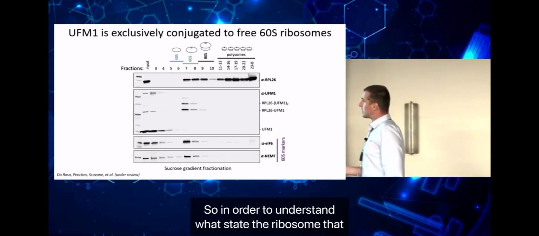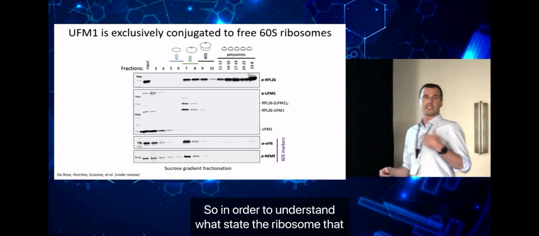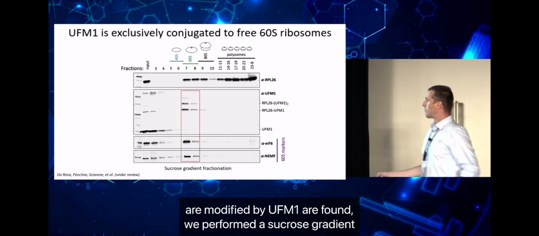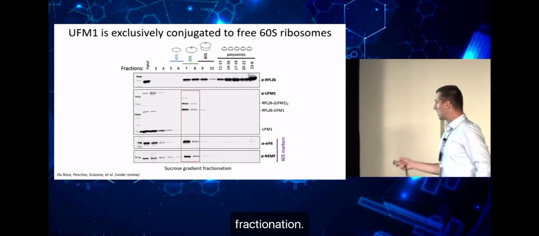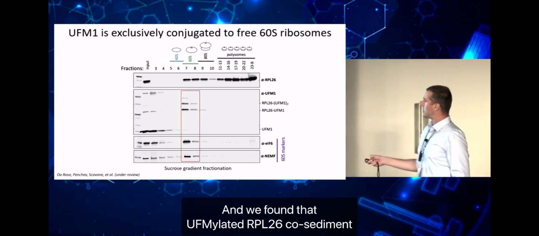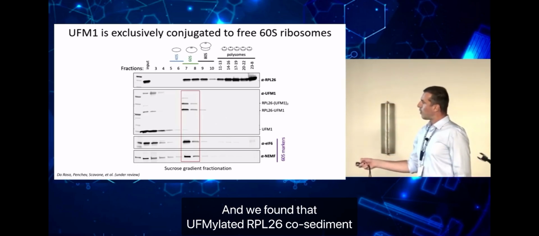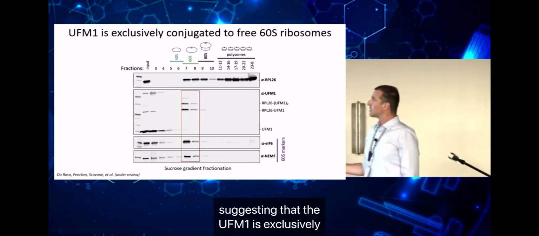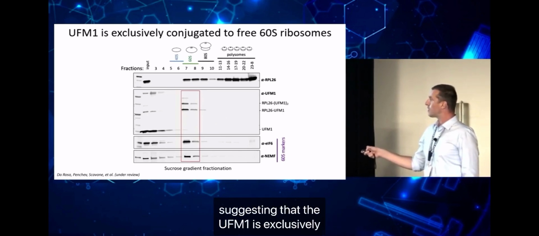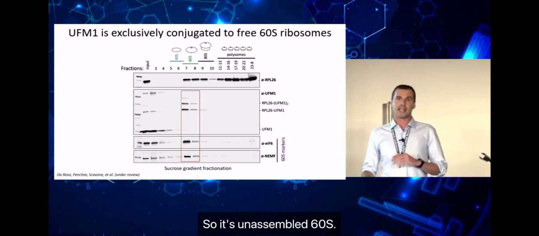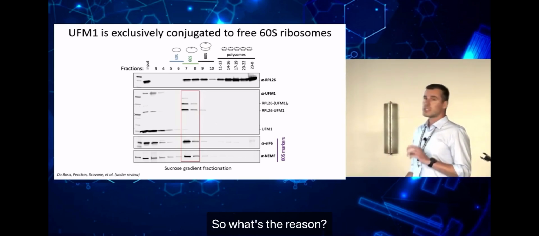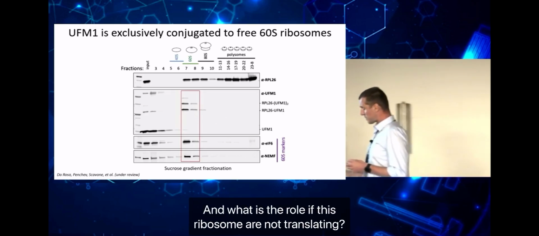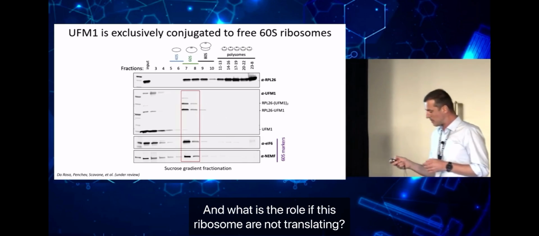In order to understand in what states the ribosomes modified by UFM1 are found, we performed sucrose gradient fractionation, and we found that UFMylated RPL26 co-sediments with EIF6 and NMD3, which are markers for 60S, suggesting that UFM1 is exclusively conjugated to free 60S, so an unassembled 60S. What is the reason UFM1 is conjugated to free 60S, and what is its role if these ribosomes are not translating?